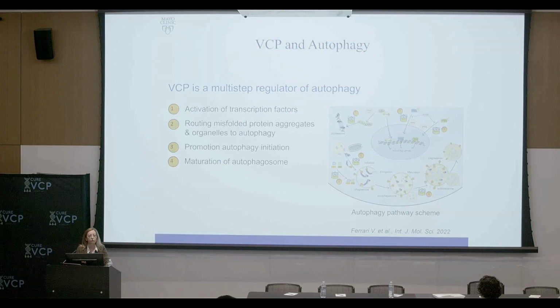Now, in regard to autophagy, there is this very nice cartoon included in Ferrari's paper representing the pathway of autophagy and highlighting the different steps at which VCP intervenes. VCP participates in the activation of transcription factors, is important for routing misfolded proteins and organelles to autophagy, promotes the initiation of autophagy, and participates in the maturation of the autophagosome.